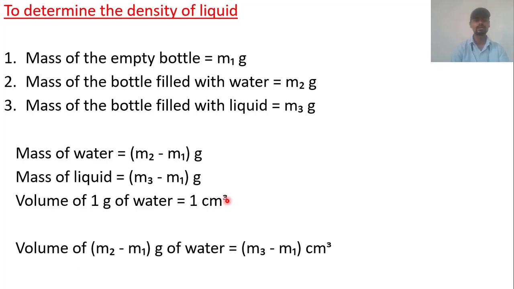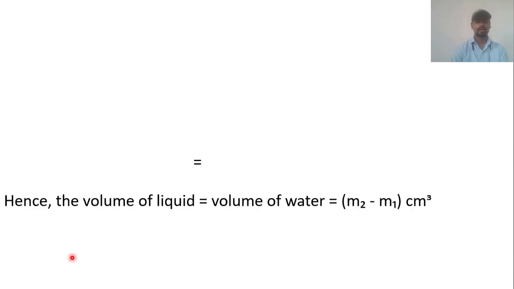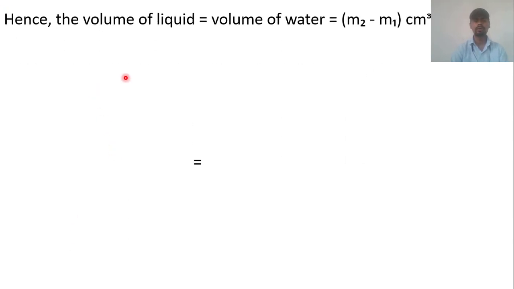Now we use this. M2 minus M1 is the mass of water, and M3 minus M1 is the mass of the liquid. So can I say that the volume of the liquid is equal to the volume of water, that is M2 minus M1?